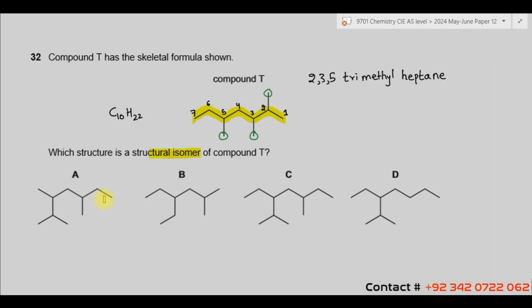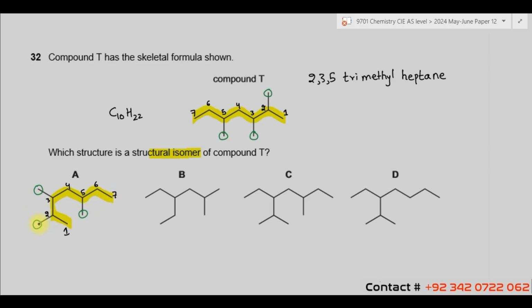First, let's look at the long chain. So 1, 2, 3, 4, 5, 6, 7. Again, 3 substituents. Let's do the numbering. This one is nearer to corner carbon, so we have 1, 2, 3, 4, 5, 6, 7.